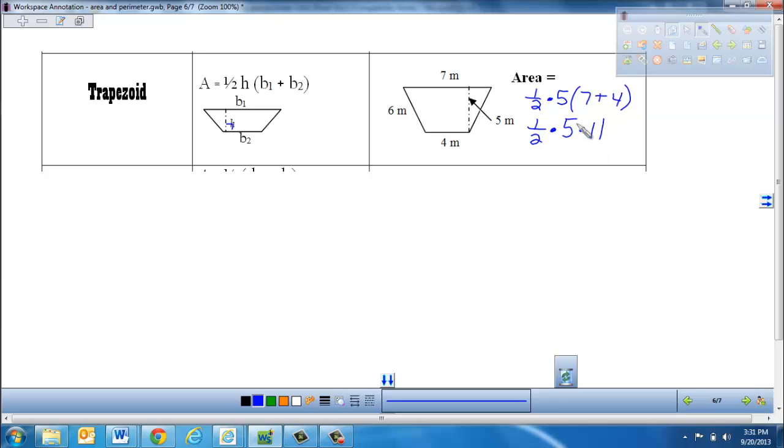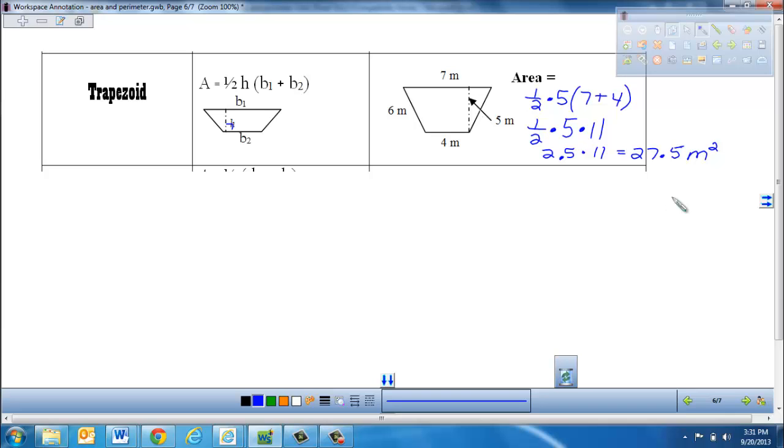And then I'm going to multiply from left to right. So 1/2 times 5 is 2.5, and then that times 11 is going to give me 27.5. And once again, another decimal, which is okay. The label this time would be meters squared.